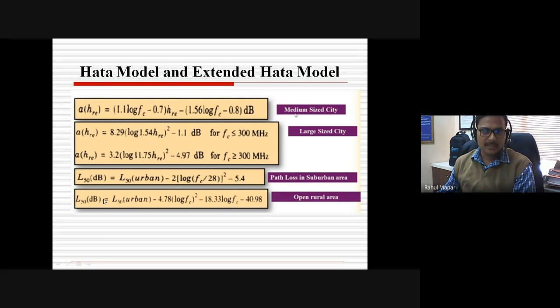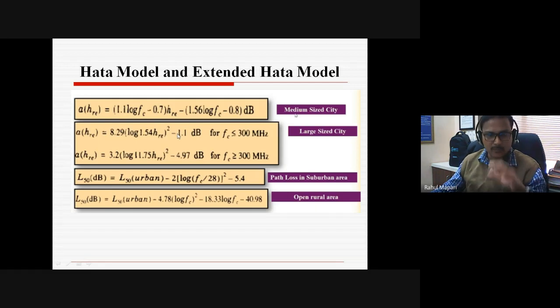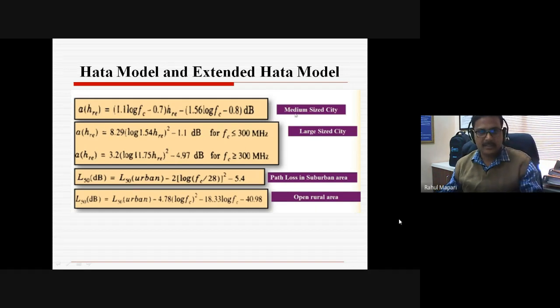Again, you have to memorize all these equations, but mostly the equation for large size city you have to consider, as mostly the problems are asked on that. The second box is very important, so you take the screenshot or quickly write the equation for AHRE.